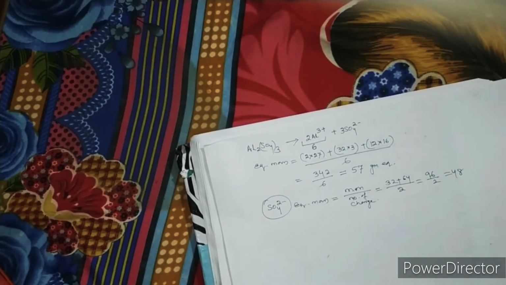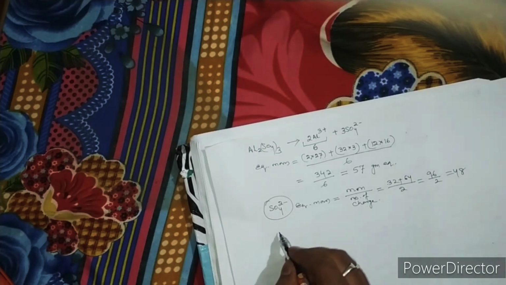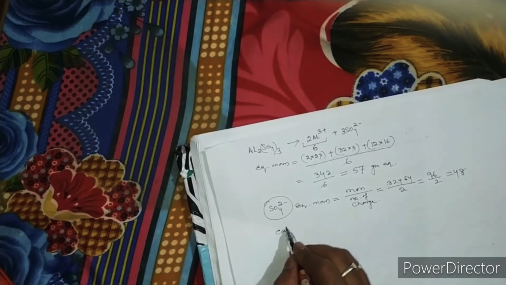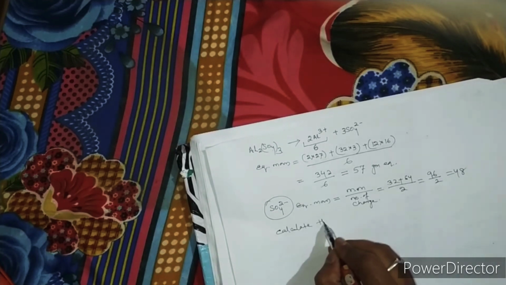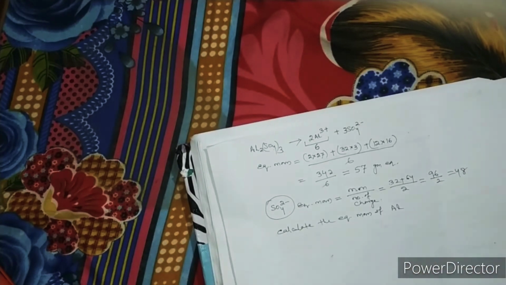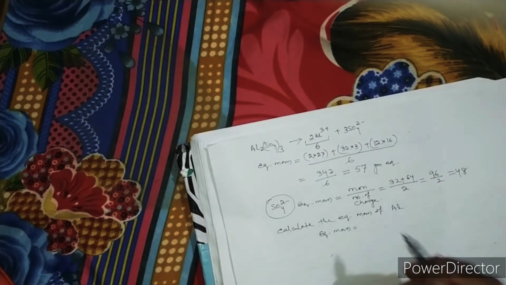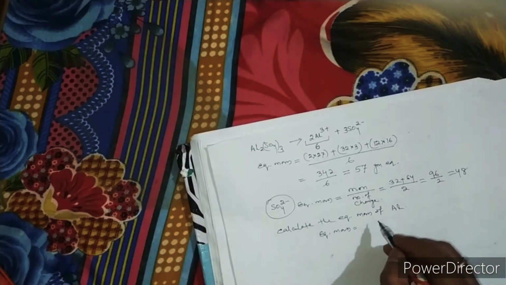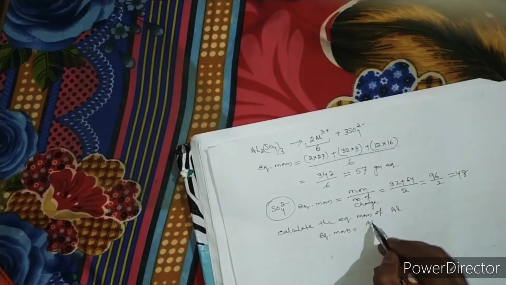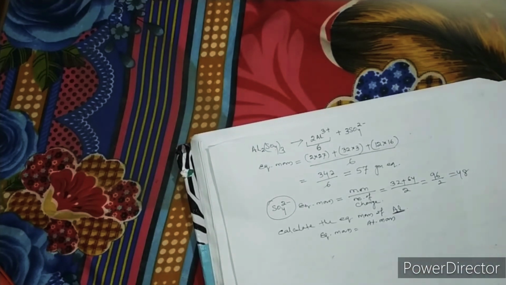So we can also calculate the equivalent mass of an ion. We can also calculate the equivalent mass of an atom. Let us calculate the equivalent mass of aluminium. Then how will we calculate? Now here will be the formula. Equivalent mass is equal to, instead of writing molecular mass, I will write atomic mass, because I am taking an atom, aluminium.